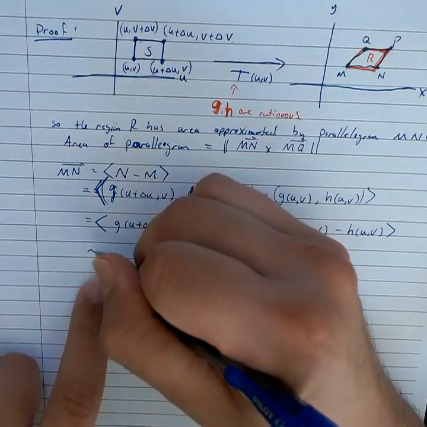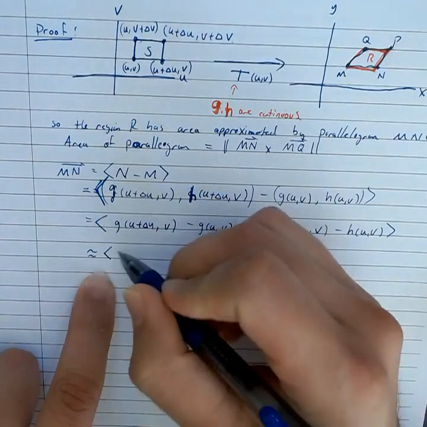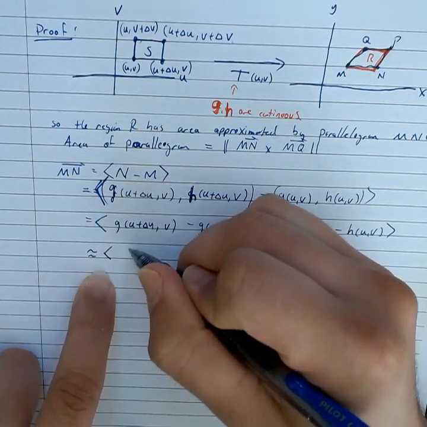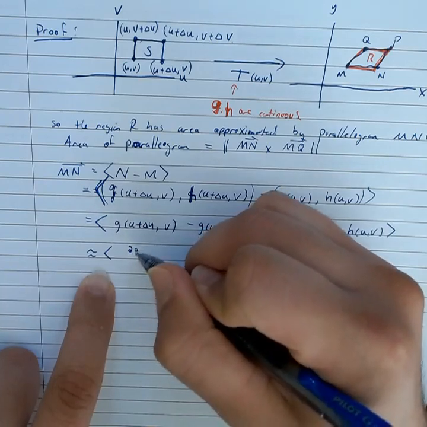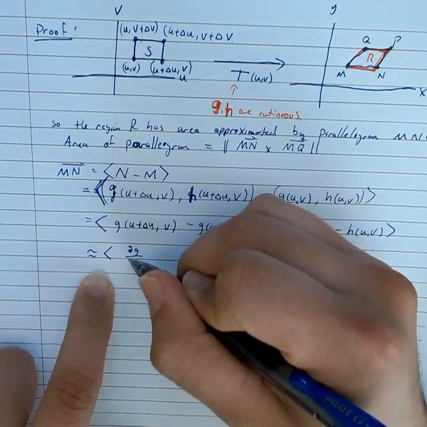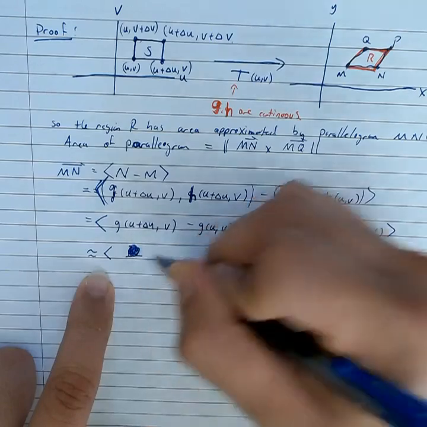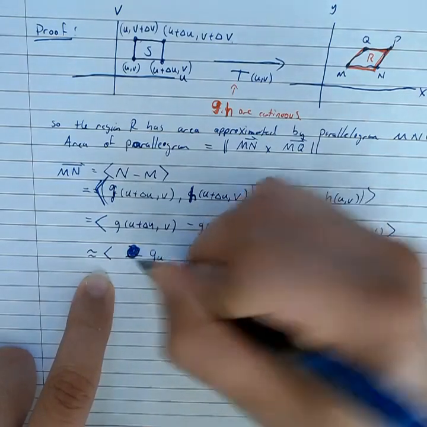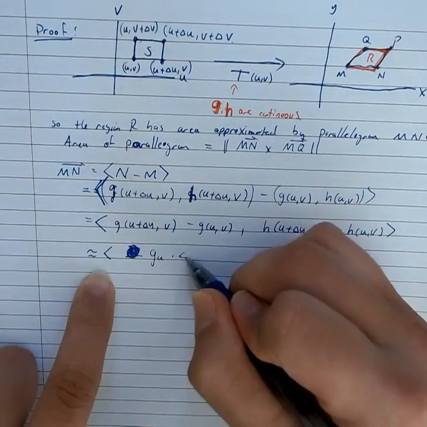So this is approximately equal to del g del u. Here, let's write it as g sub u, because otherwise my notation is going to get big. So that's going to be the partial with respect to u times what should have been the denominator.